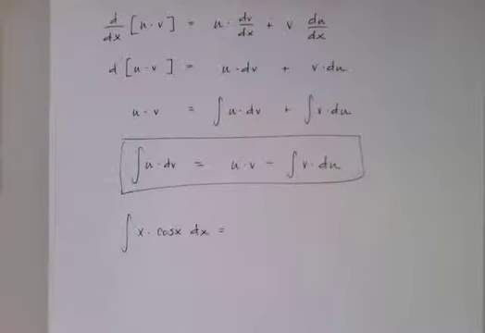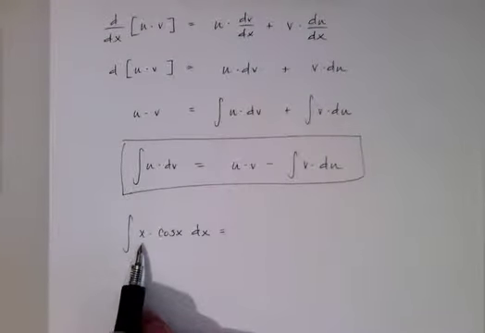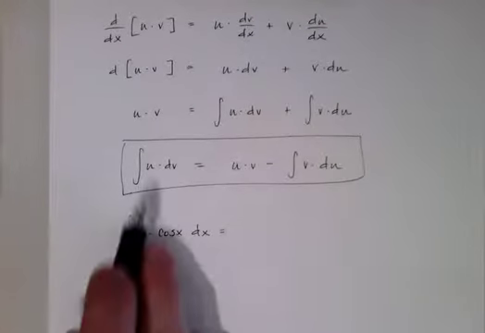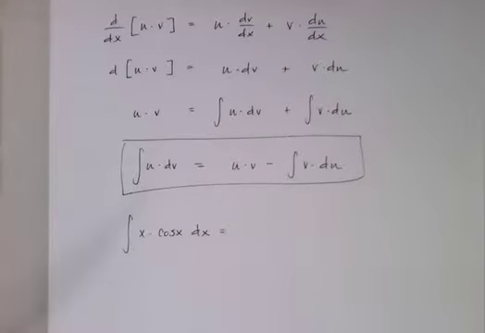Because integration by parts allows me to basically deal with it in, you guessed it, parts. I want to designate part of this integrand as u and part of it as dv. Okay? Now, I'm going to designate it the way I know, and I'm going to explain why in just a minute.